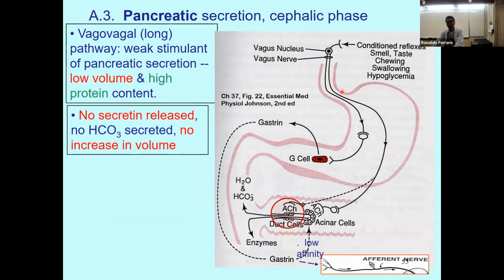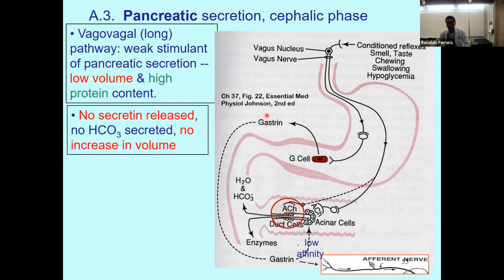And I remember that I mentioned to you that acetylcholine can also go to the acinar cells and actually stimulate the acinar cells into secreting small enzymes. Well, without any secretin, there's no increase in volume. So there is actually a release of enzymes, very low volume and very high concentration of enzymes, during the cephalic phase. Now, the only hormone that's released is gastrin.